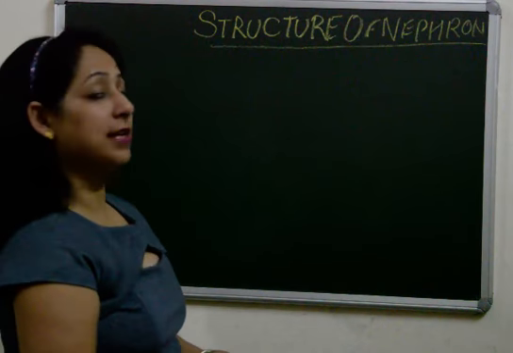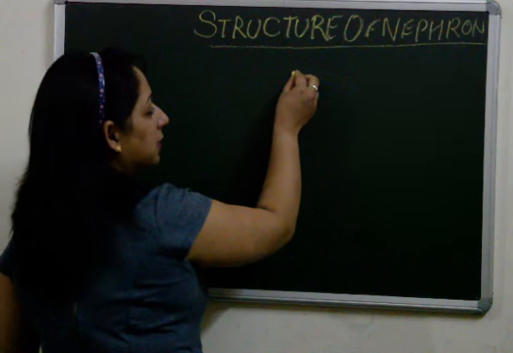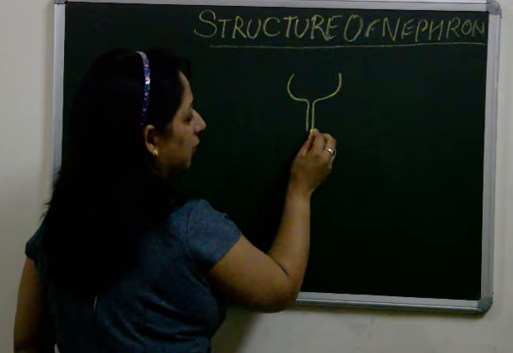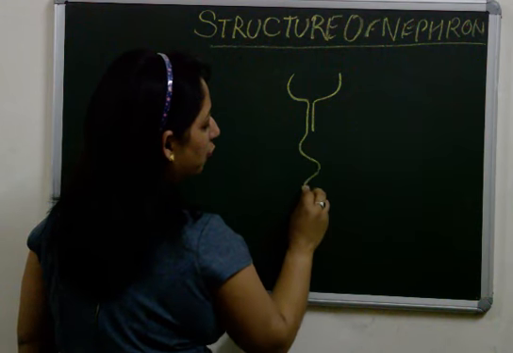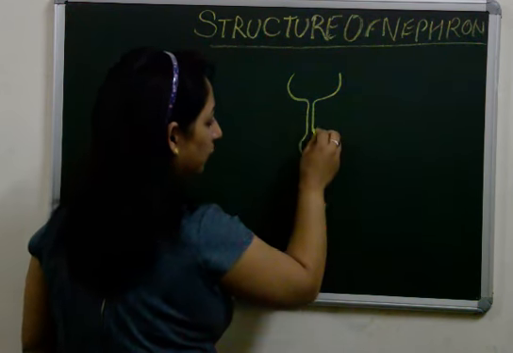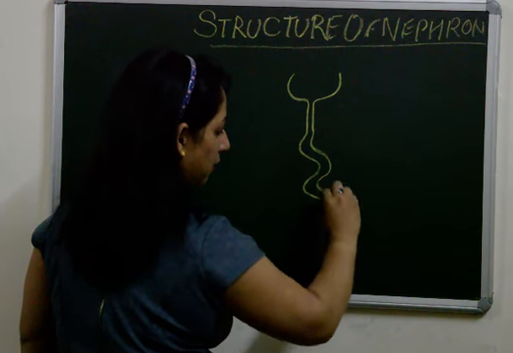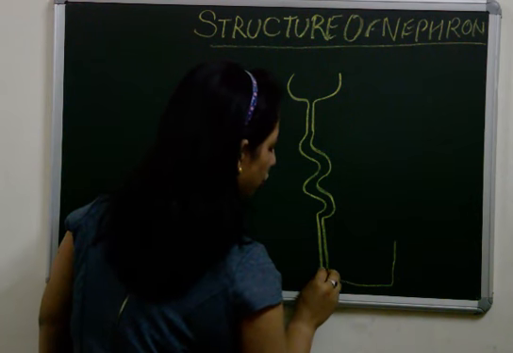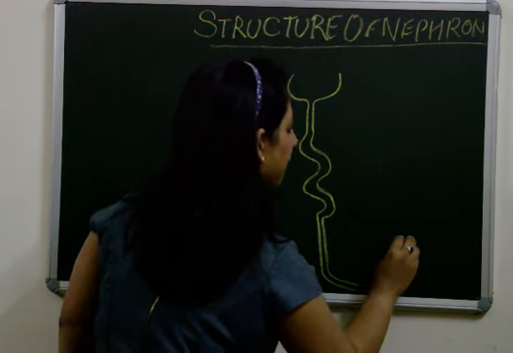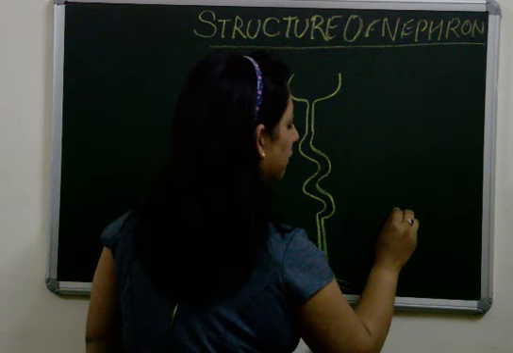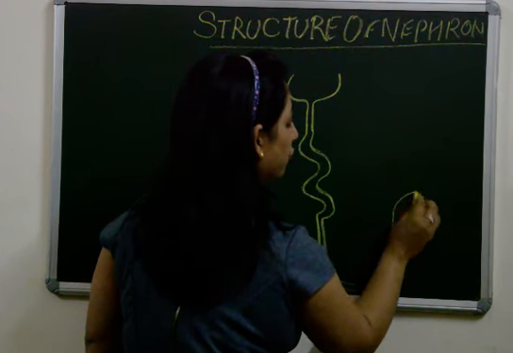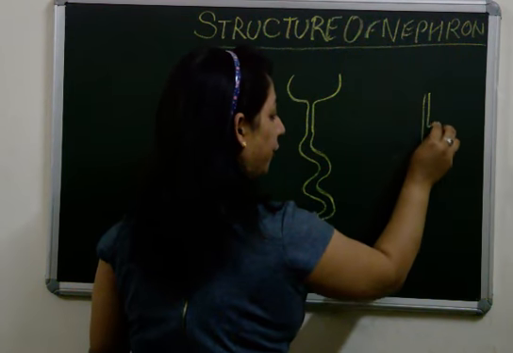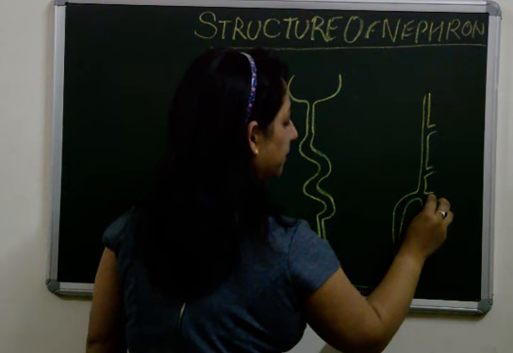Now, starting off with the diagram of the nephron, the first part of the nephron is a cup-shaped structure which leads to a thick coiled tube and finally a very fine thin U-tube which will get attached further to a network of tubes.